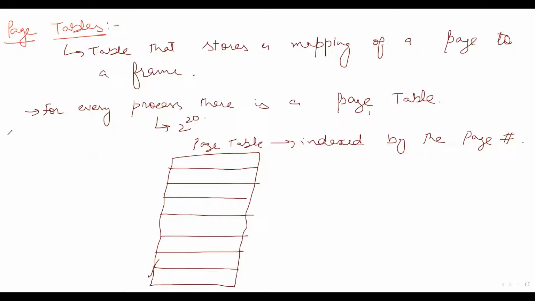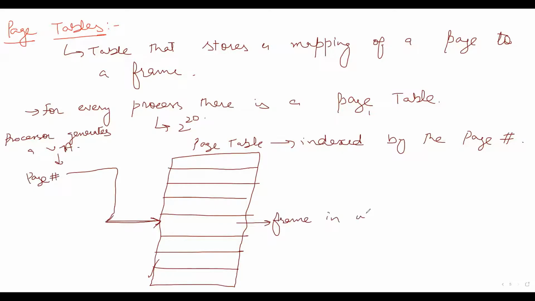So when my processor generates a virtual address, from this virtual address we will get the page number, and using that page number we will access this table. Let's suppose it points here. Every location stores the frame in which the corresponding page lies.